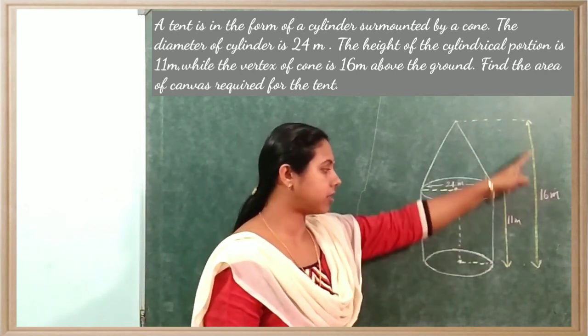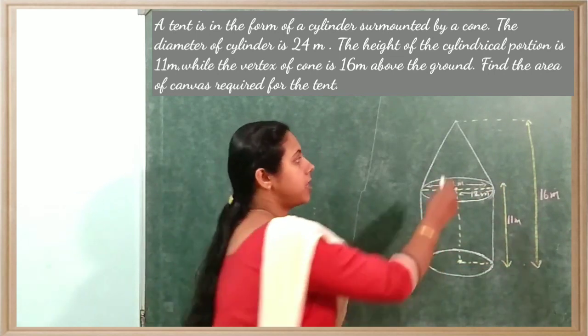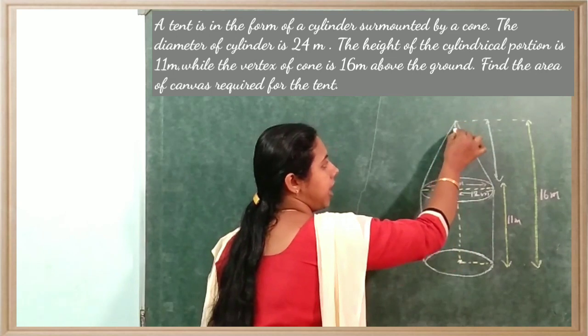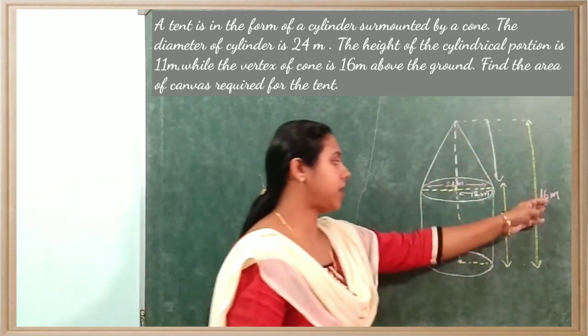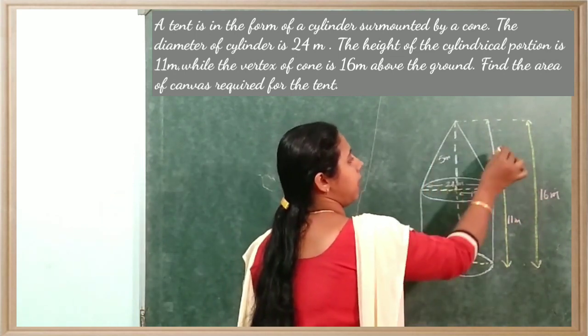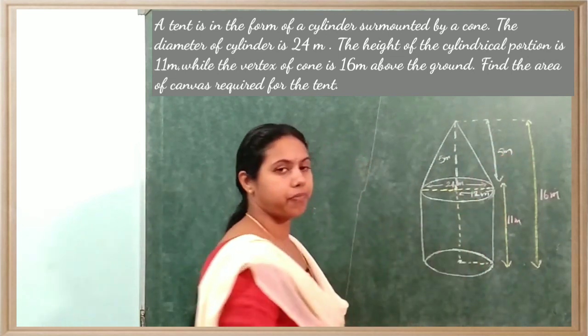The total height of the tent is 16 meter. Cylindrical portion is 11 meter. Then what is the height of this cone? That is equal to 16 minus 11, that is 5 meter. Height of the cone is equal to 5 meter.